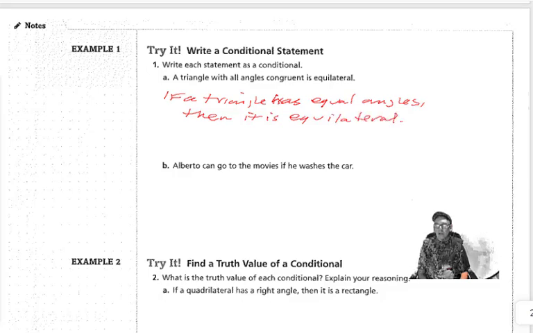So there would be a conditional statement. If it's equal angles, then it's equilateral.